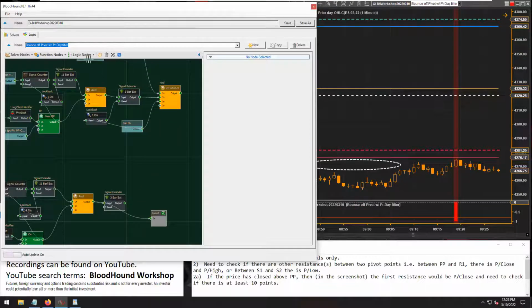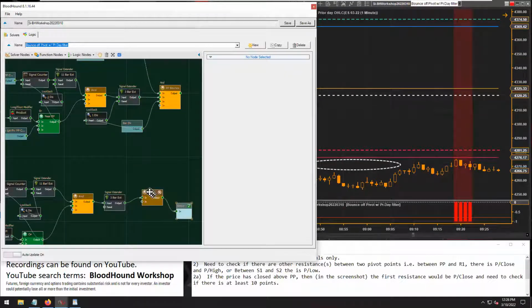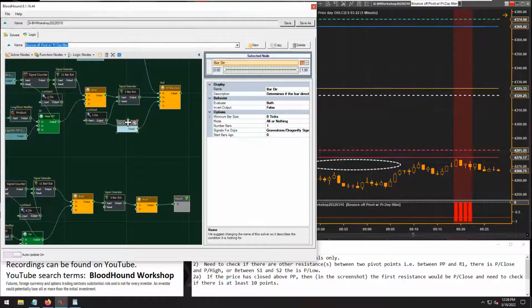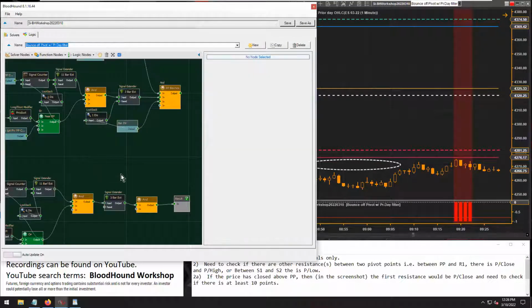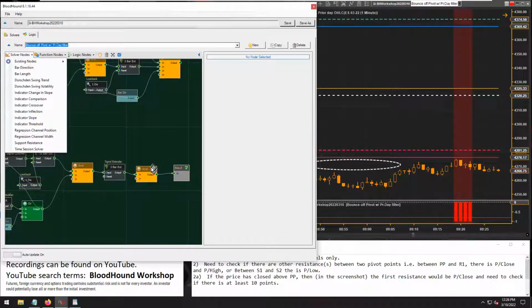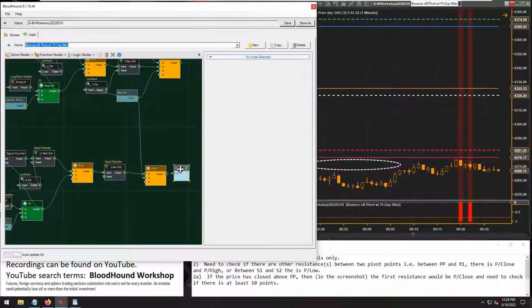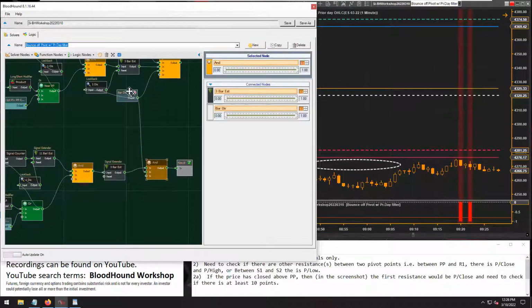Like so. All right, we need another AND node. There's our AND node. Connect that in. And so now we need to hook in this bar direction. Actually, you know what? I'll just connect that in like that. Call it good.